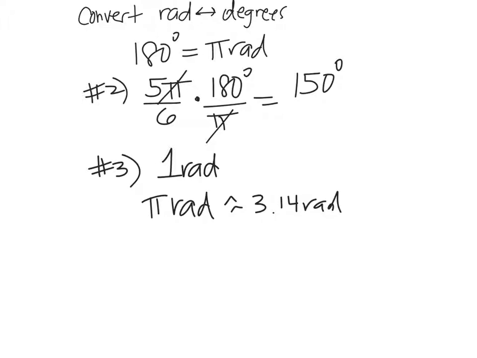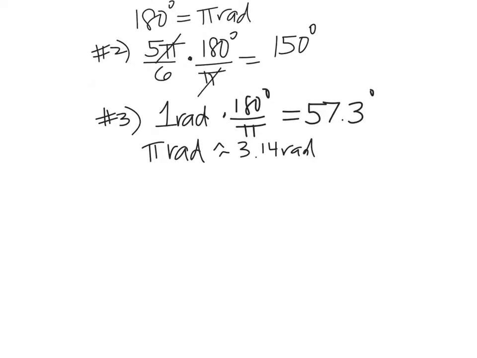Let's use our conversion factor. 1 radian times 180 divided by pi. Nothing's reducing, okay? So you go to your calculator, and you do 180 divided by pi, and 1 radian is about 57.3 degrees. It's not a nice number because it's in terms of pi along the way, so it's not going to be pretty.